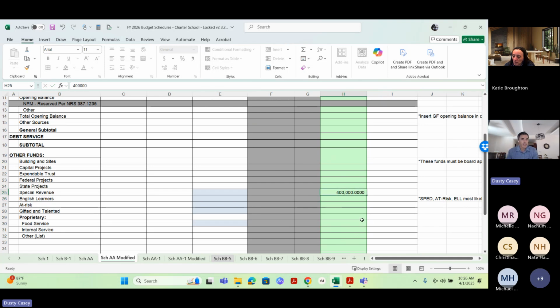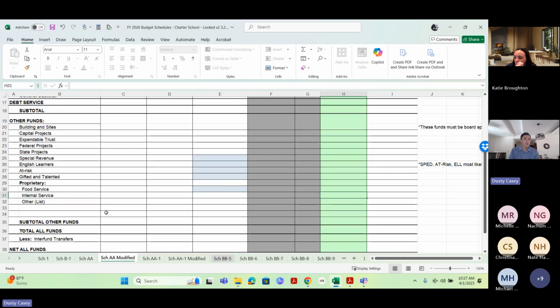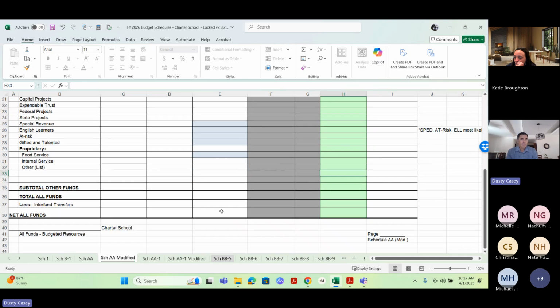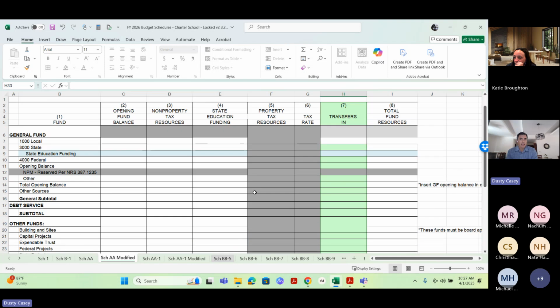You would show that in your special revenue fund. That's separate, that's not special education. Where is special education? English learners. No, they don't even have special education listed. You can list other funds down here. There are a couple of blank boxes to list. Again, to me, this is a district tab, but NDE wanted us to do our best to fill it out.